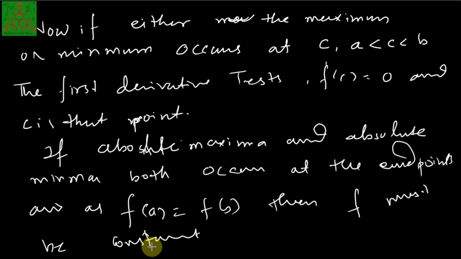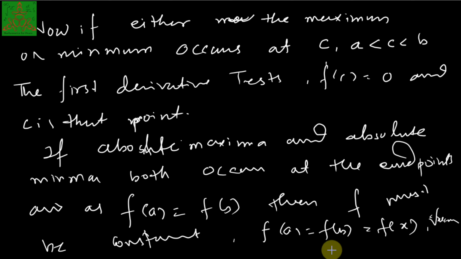Since f is constant, we automatically have f dash of x is 0 for all x. So f of a is equal to f of b is equal to f of c, f of x for every x in AB. Then f dash of x will be 0 for every point x in AB.